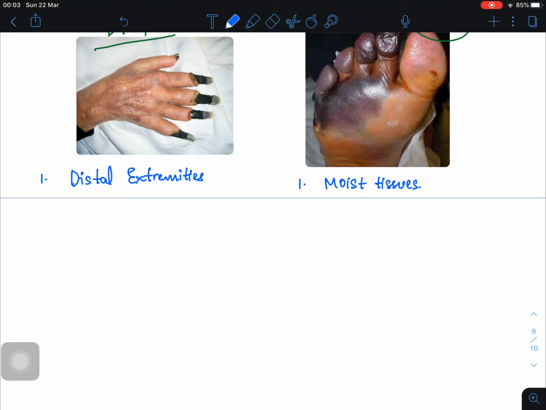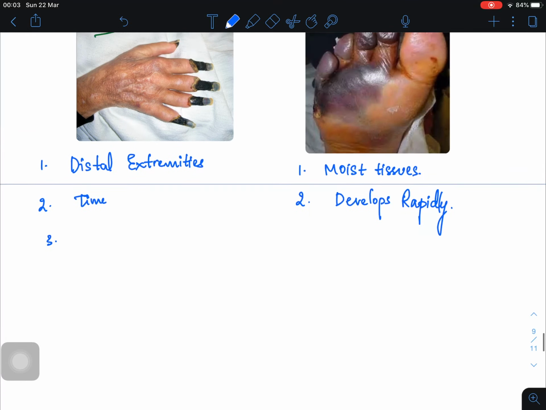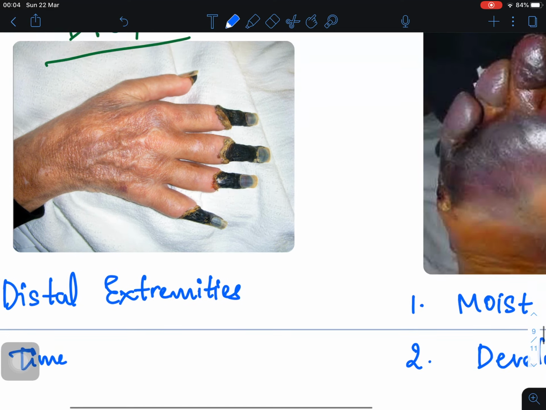Now when you look at the frequency, wet gangrene develops very rapidly, whereas it takes time for dry gangrene to develop. And the third important thing is, macroscopically when you look, what can you see here?